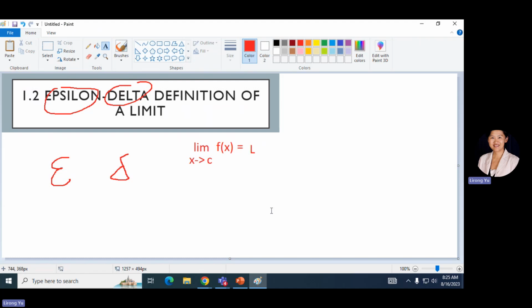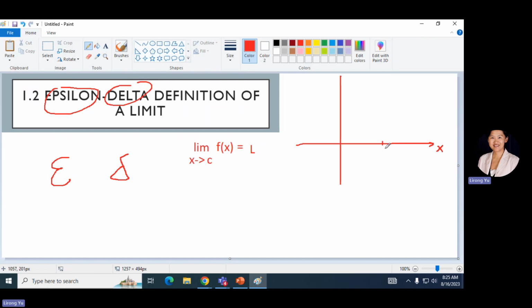So c is on the horizontal axis. It's supposed to be one of the x values. And L is where the y value is supposed to approach. So L is a number on the y-axis. So c and L actually represent a point on the xy plane.